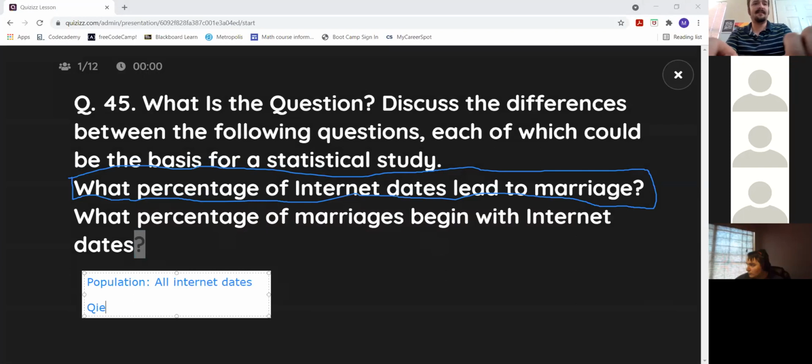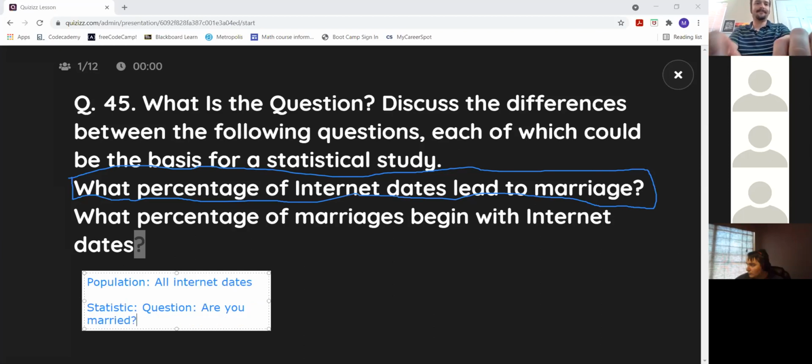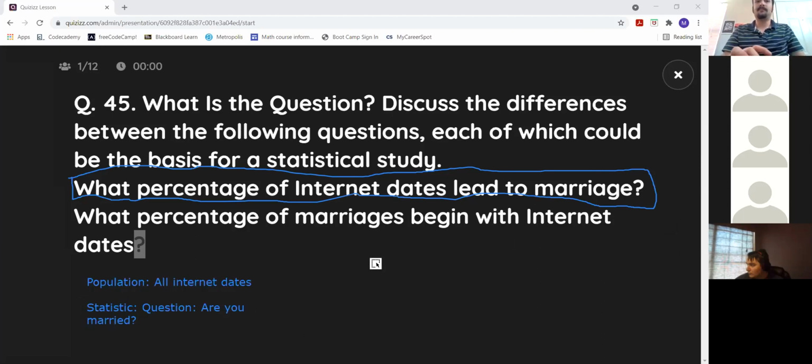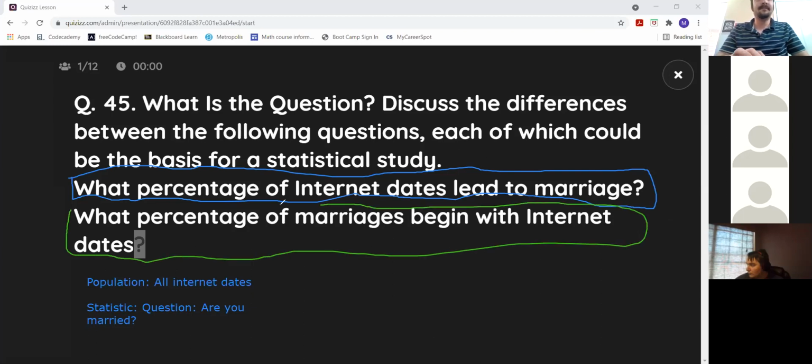And the question I'm going to ask, or my population parameter or statistic, I'll just go with statistics. That way it's going to be the same in the sample and the population. So the question I'm going to ask is, are you married? That would be that one. The other one, let's go with green: what percentage of marriages?